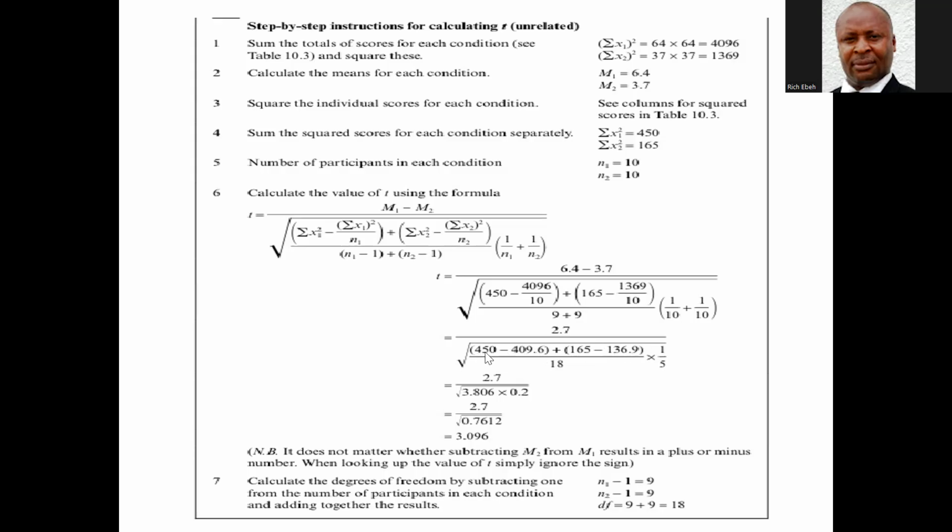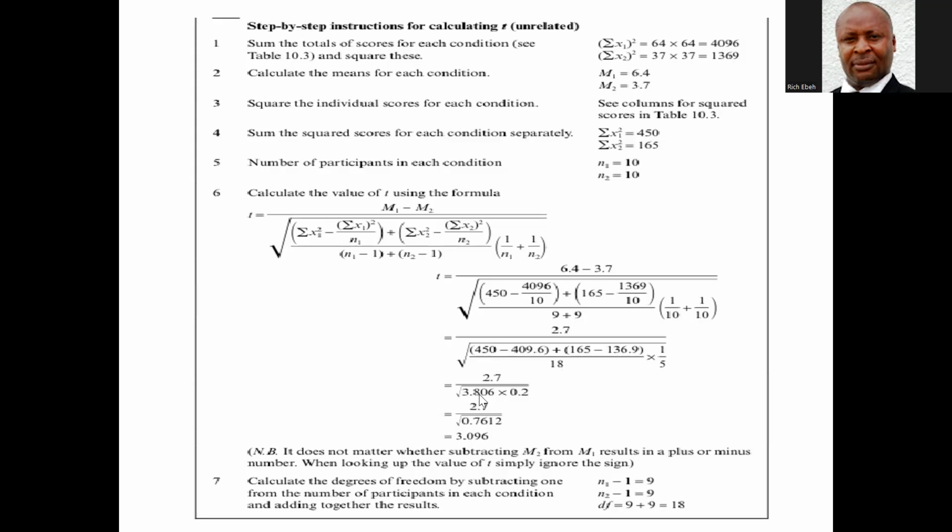Don't make the mistake of saying 4050 minus 409.6 plus. If you do that, you won't get this answer. You have to say 450 minus 409.6. Get the answer, keep it separate, and then do 165 minus 136.9. Get the answer, then add both of them and then divide by 18.